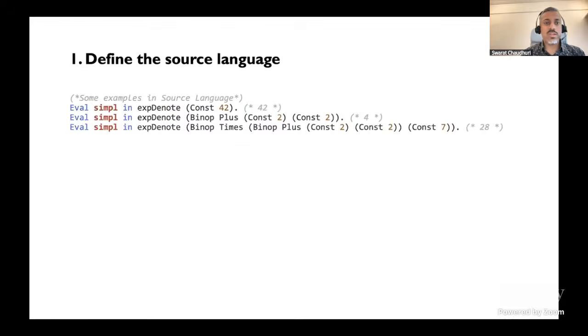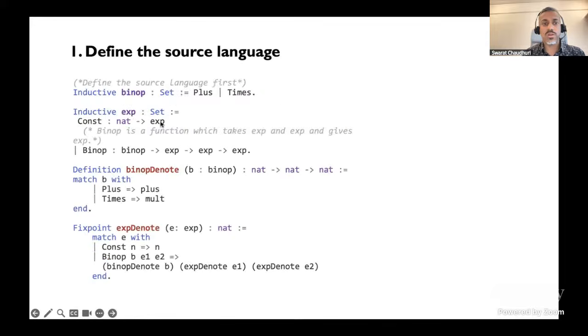Okay, so then you define the source language. Here, the rules that we saw previously allow you to define the semantics of quite complex expressions. So here you have const2. An expression can be a constant or a binary operation, or the result of a binary operation.